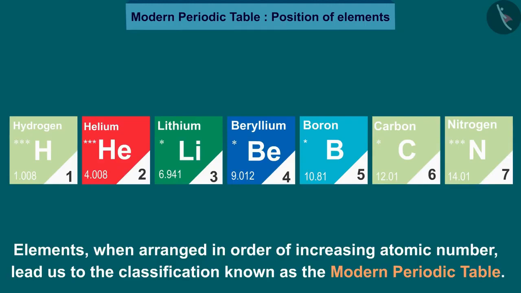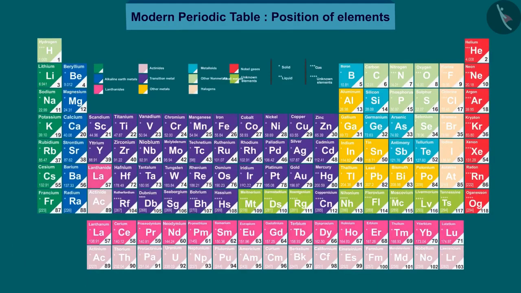Now, we can see that the modern periodic table takes care of 3 limitations of Mendeleev's periodic table. The anomalous position of hydrogen can be discussed after we see what are the bases on which the position of an element in the modern periodic table depends.